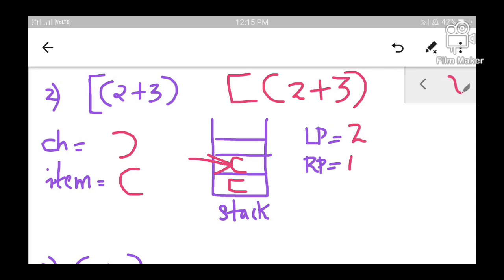So this is the case where we have a matching parenthesis, because for a left opening bracket we are having a matching right closing bracket. So brackets are matching. Up to now the expression is valid.